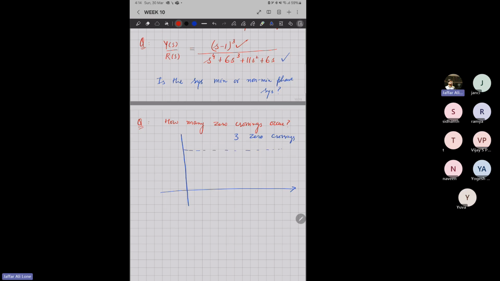So 3 zero crossings will be something like this. Right? So initially, my system is moving in the right direction. Then it reverses, goes in the wrong direction. Then again it reverses, goes in the right direction. Correct?